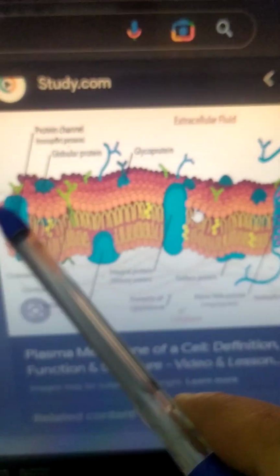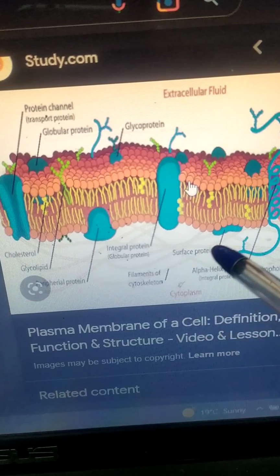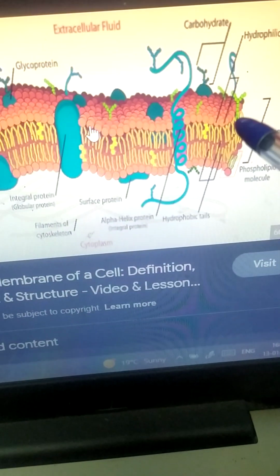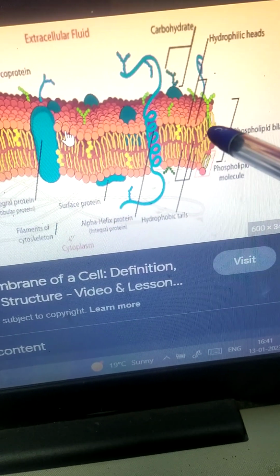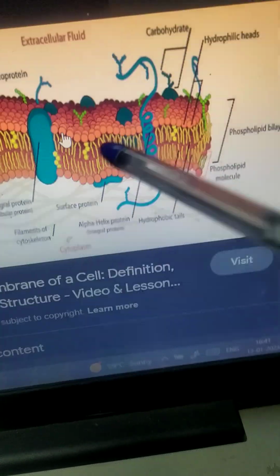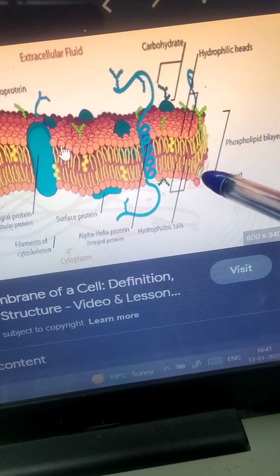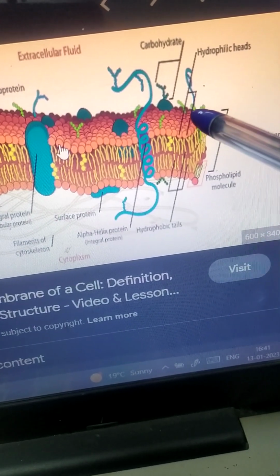And here is the diagram of cell membrane. This is the phospholipid bilayer, phospholipid molecules. This is your hydrophilic head.